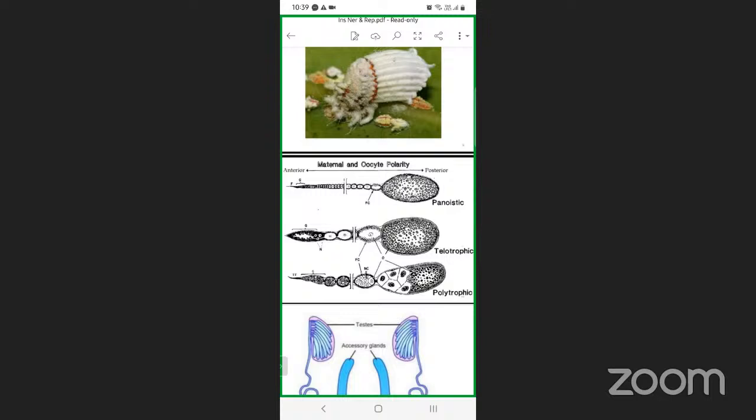So in ovulation, what we will write about is the flies and how they function. In flies, the chorion serves as a protective coating and prevents water loss.